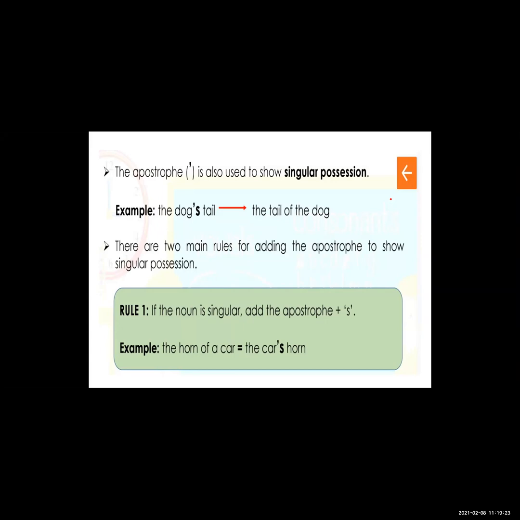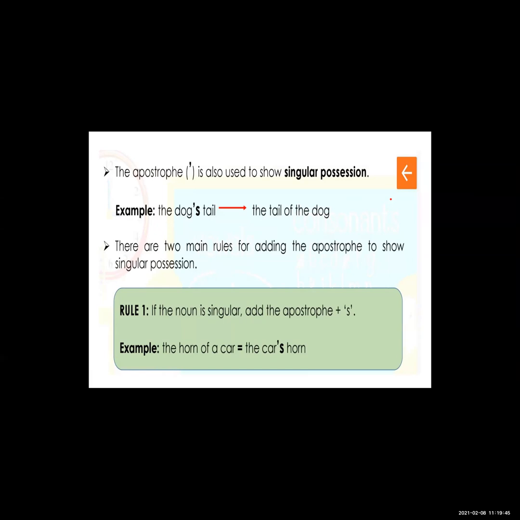Dog is a singular noun. So the dog's tail, what is the meaning of dog's tail? The tail of the dog. This is the possession.